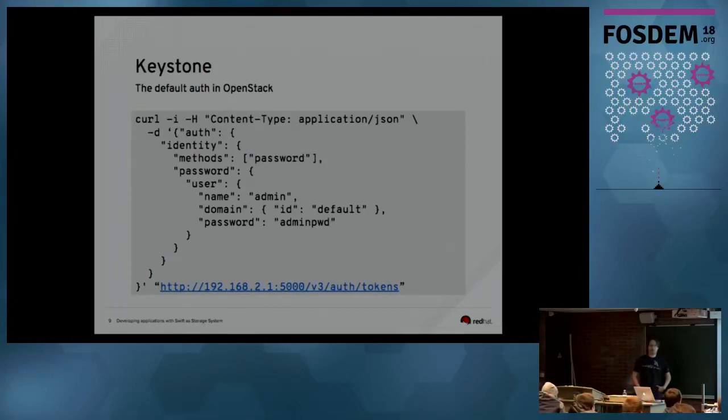It will also return a URL for you, and you need to do a second query then to get the actual endpoint for Swift, because with Keystone you typically have multiple endpoints for multiple services. For example, you run OpenStack Nova, OpenStack Swift, Cinder, Glance, whatnot, and each of these services has its own actual endpoint that you need to query from Keystone.